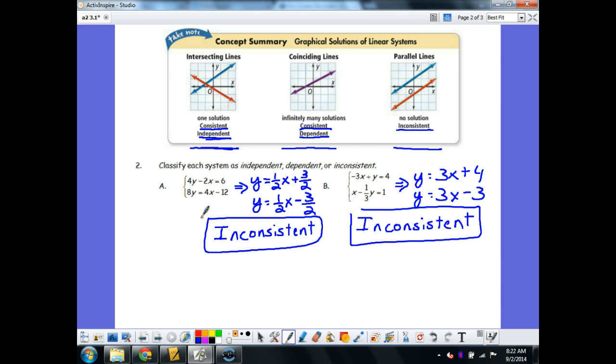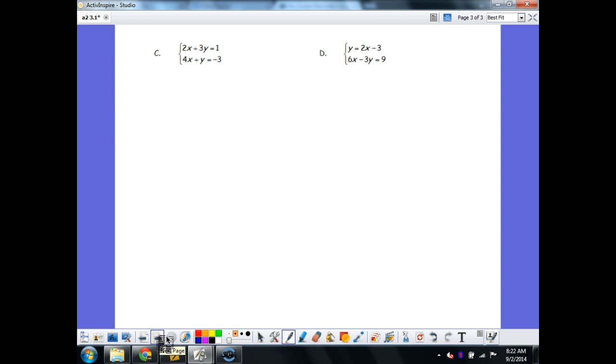We will do the last two very quickly. Again, we can rewrite the top one in slope-intercept form as well as the bottom one. In the top one, we would subtract the 2x and divide by 3, so we'd have negative 2/3 x plus 1/3, solving for y.